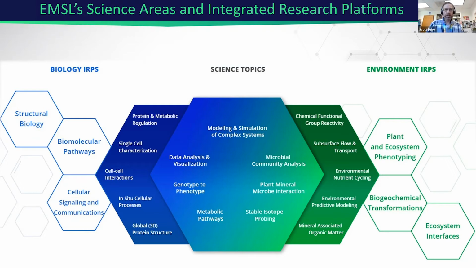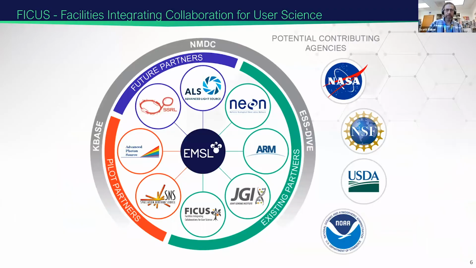And so several years ago, in partnership with the DOE Joint Genome Institute, the FICUS program was started. And FICUS is short for Facilities Integrating Collaboration for User Science. And this allows us to partner with, say, the JGI, and in a single proposal, allow users to access both JGI and EMSL.